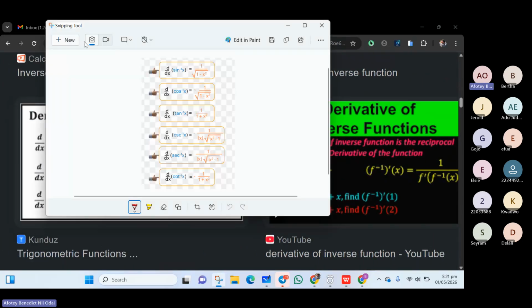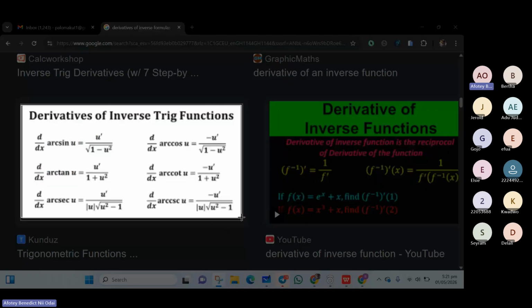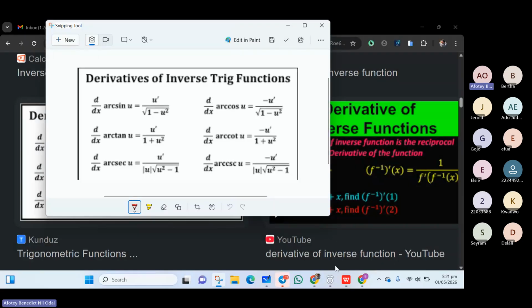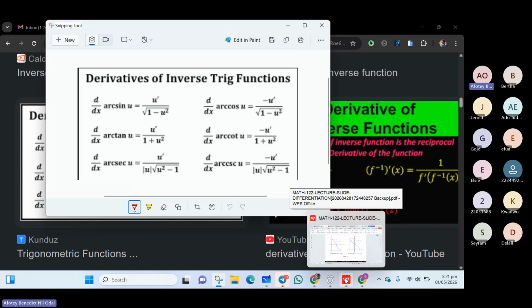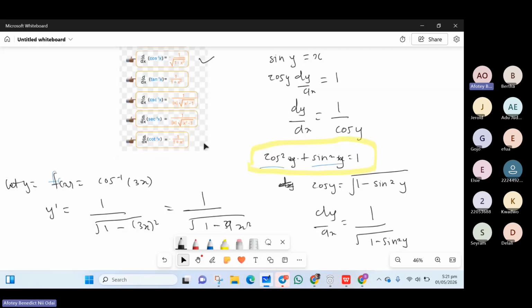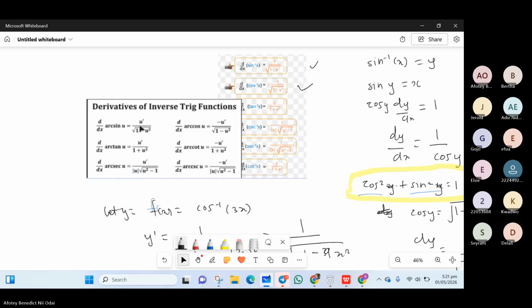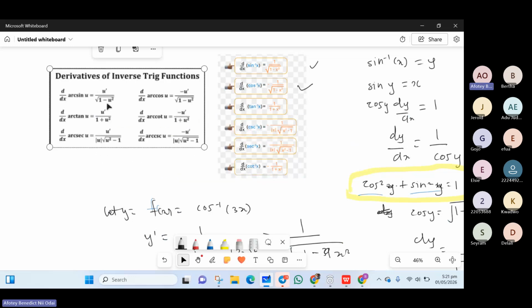So both of the formulas that we have are correct, but one doesn't hold for every case. Now, let me explain this. In this case, they give us the formula with respect to x when you have just x. But in this case, we don't have just x, so we can't use this formula.